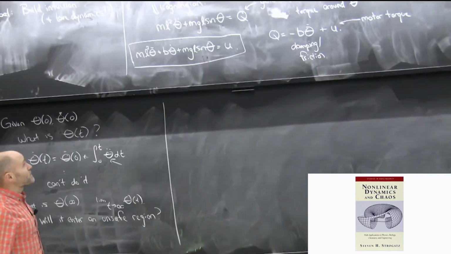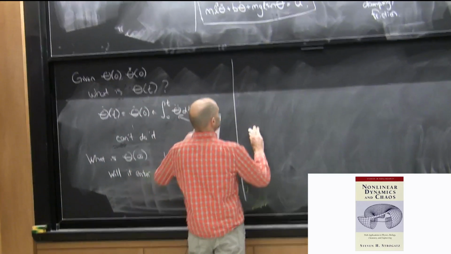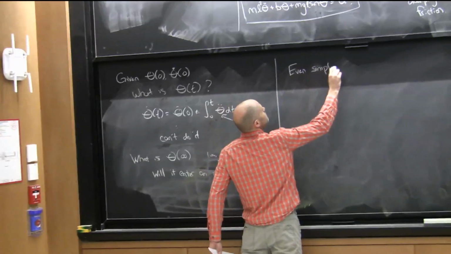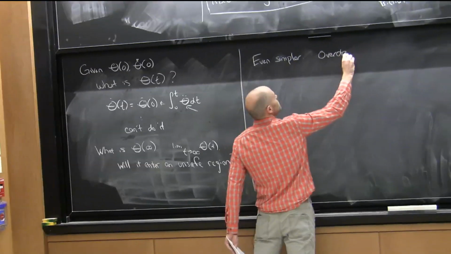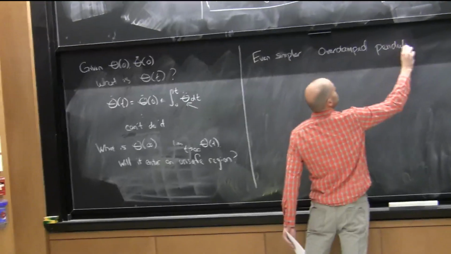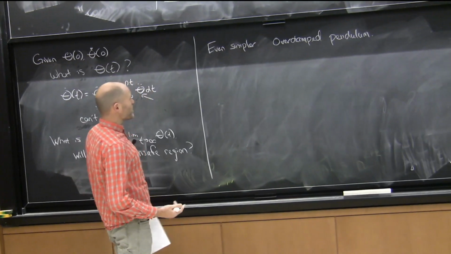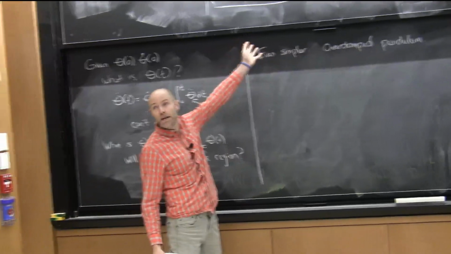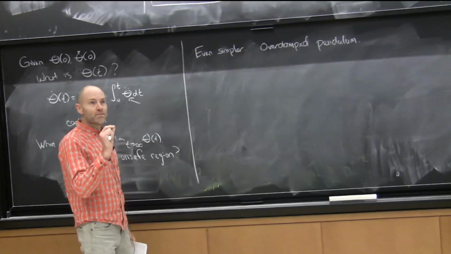Okay, so we'll start by doing graphical analysis of the simple pendulum. And actually, I want to start even simpler. I want to do the overdamped pendulum. Intuitively, I want B to be very large because I claim that's going to simplify my dynamics. But let's be a little precise about this because I want you to be good dynamicists.